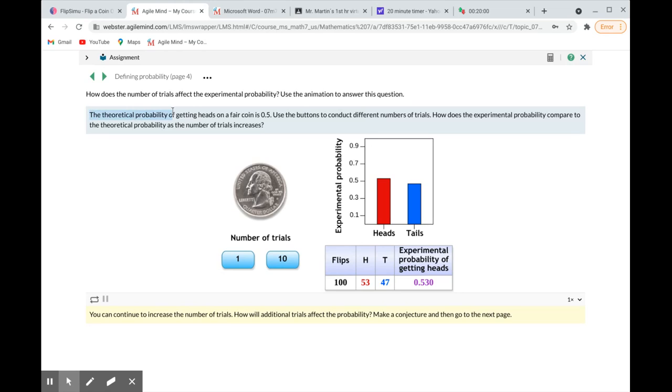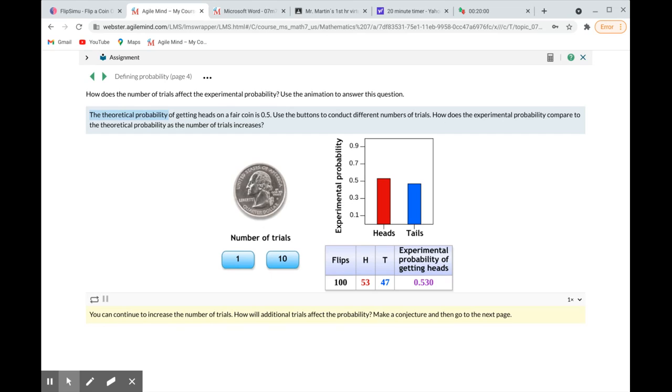The theoretical. Correct. Because the more times you flip it, the closer it's going to get. If you only do it once or twice, you could land on tails 2 times, or you could land on heads 2 times, and it's going to look like the theoretical probability really doesn't matter. But whenever you start getting into 100 or 1,000 times, then you're going to really see that you're getting pretty close to that theoretical probability.